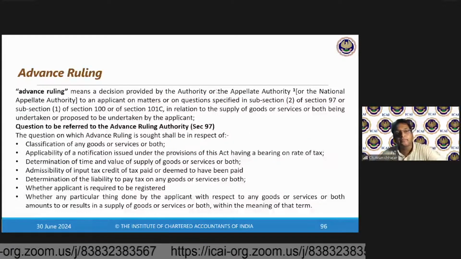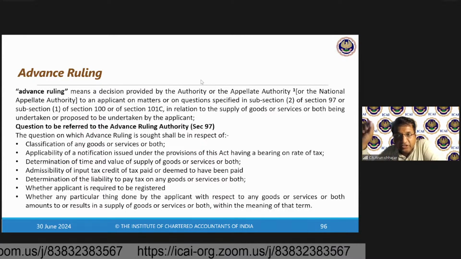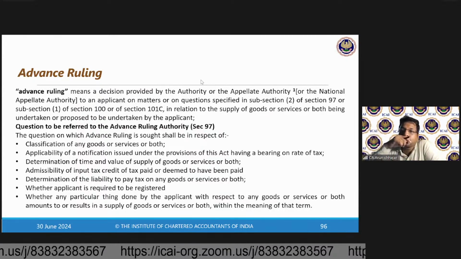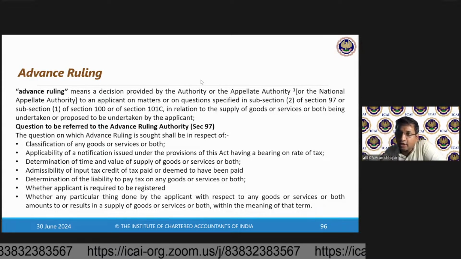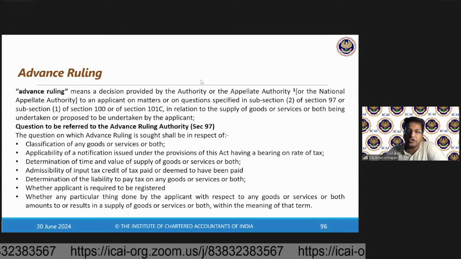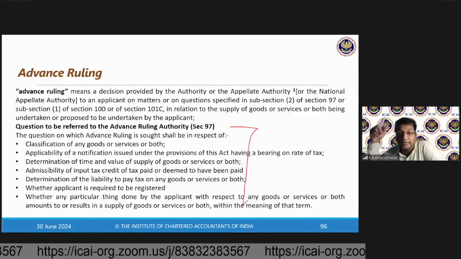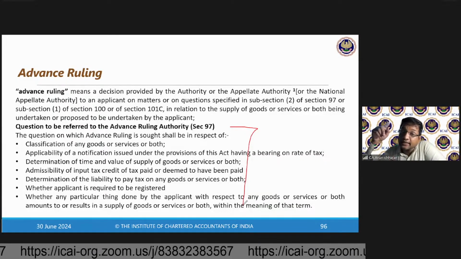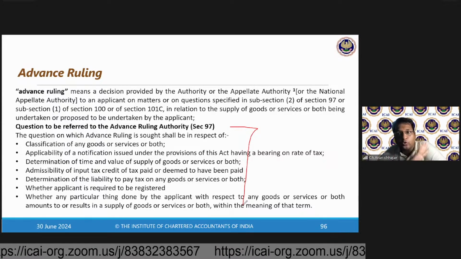Then advance ruling. Advance ruling is a mechanism by which any person, whether registered or not, can ask the following question. Second point, the supplier only can ask the question. The recipient cannot ask the question with respect to outward tax liability.